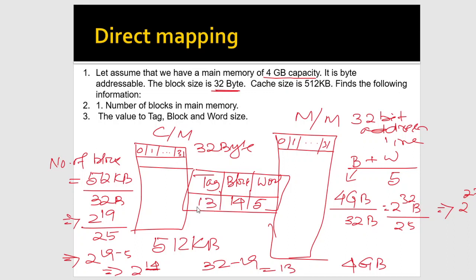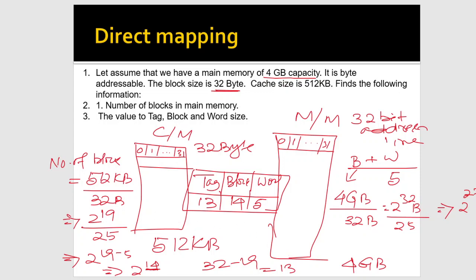So my number of tag lines will be 13, ultimately the number of tag bits will be 13. Then the block size in the cache is 14 and the word size is 5. This is the way I can determine the number of address lines used for the cache memory.